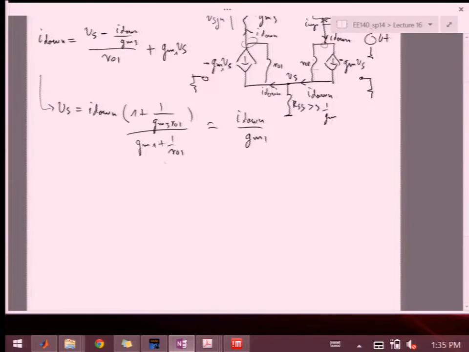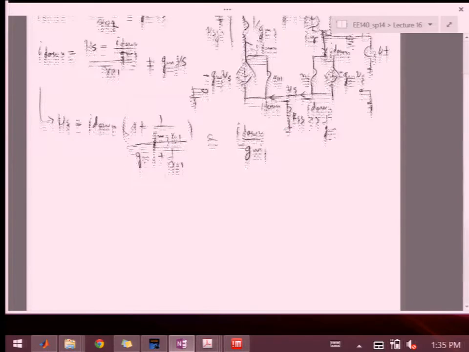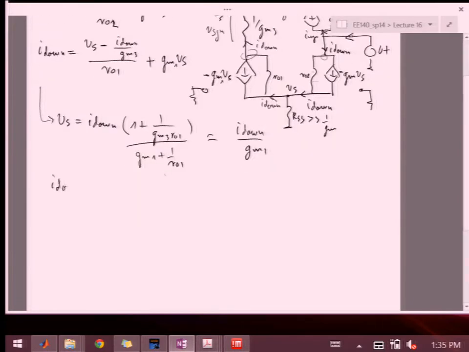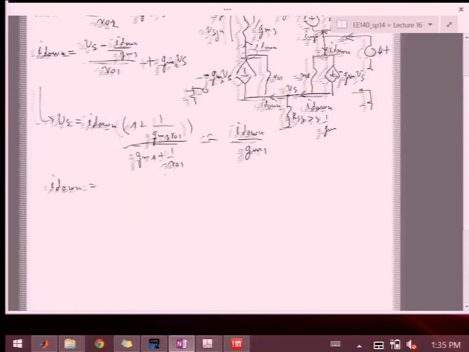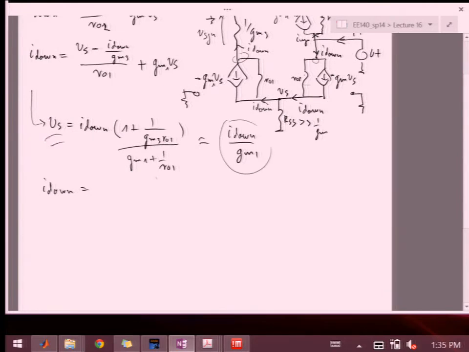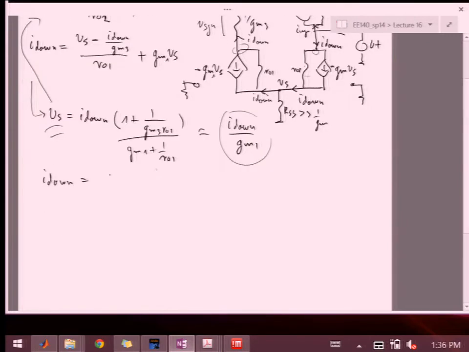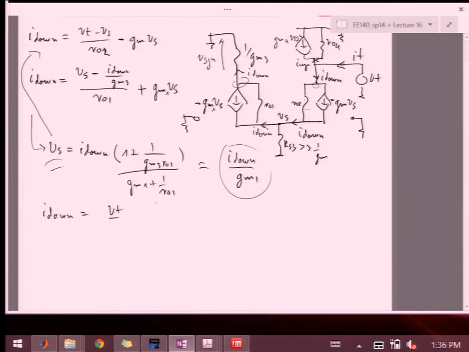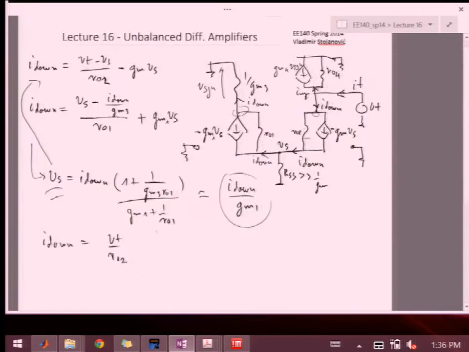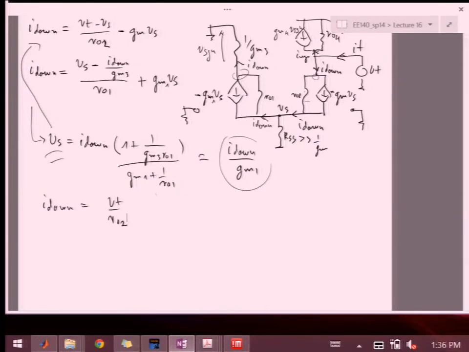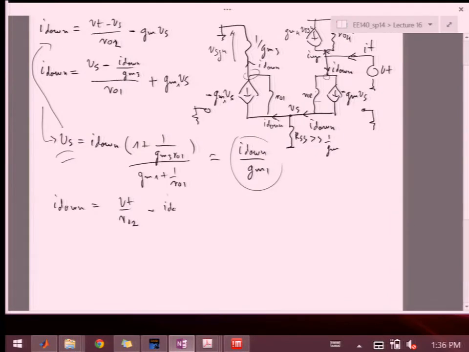Okay. So once I have this, I can roll it back into the other equation that I have for I down. So I'll take this VS and move it over here. So I'll get Vt over RO2. And then I'll have, instead of VS, minus I down over GM1 times GM2 plus 1 over RO2.